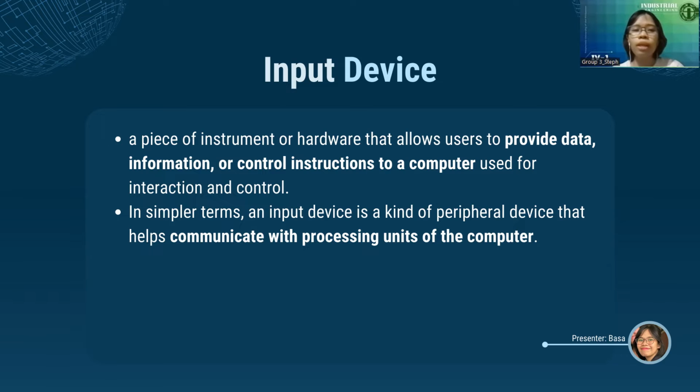So it works in a way that the translated and converted data is stored in primary memory and sent to the CPU for further processing. In simpler terms, an input device is a kind of peripheral device that helps communicate with the processing units of the computer. So, there are common examples of input devices.